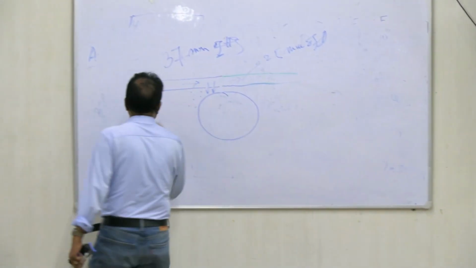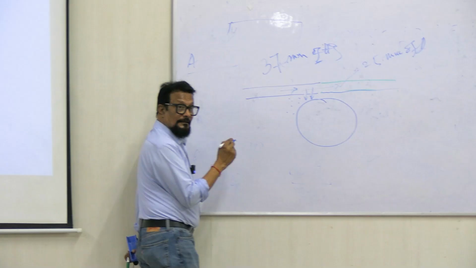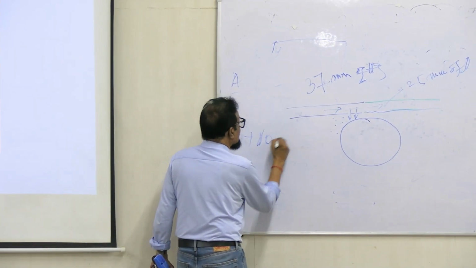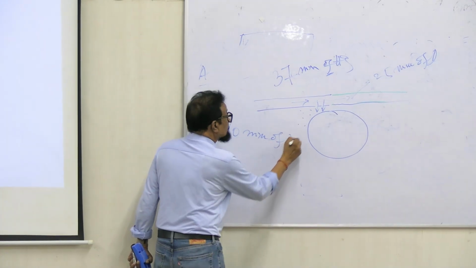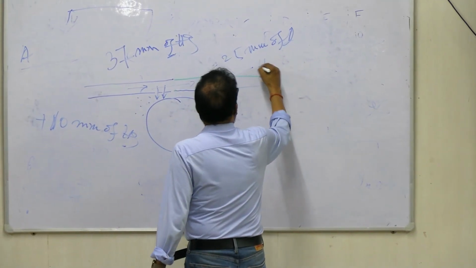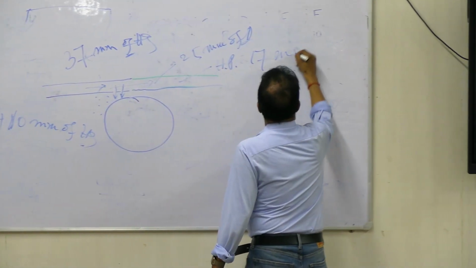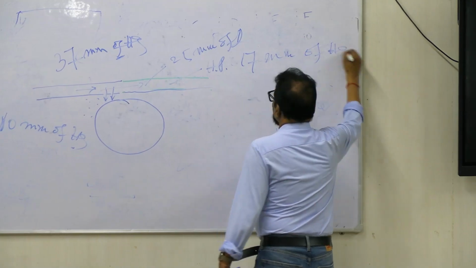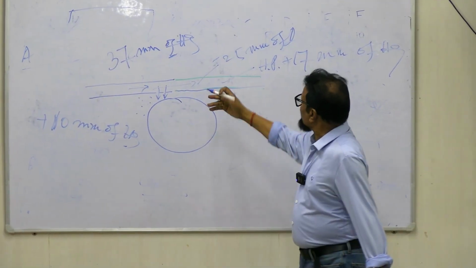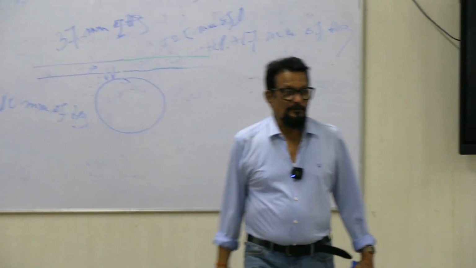Here, what was the effective filtration pressure? 10. Effective filtration pressure was plus 10 millimeter of Hg. And hydrostatic pressure is 17 mm of Hg. This is the positive pressure, this is the negative pressure. It means one wants to draw and one wants to push. What will happen here?